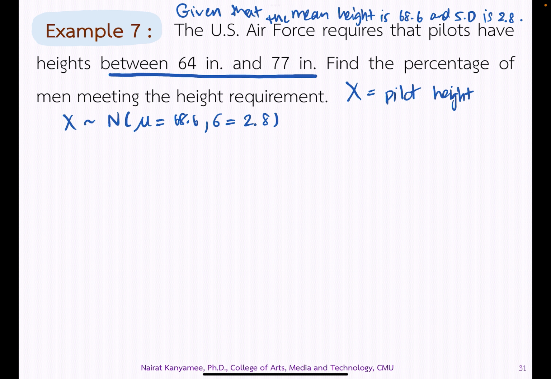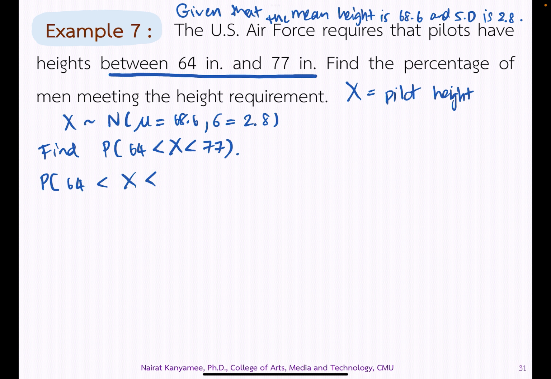Percentage means the same thing as probability, and you multiply by 100. So the first step, we're looking for the probability of x lying between 64 and 77. This is a non-standard normal random variable, so we need to standardize it.